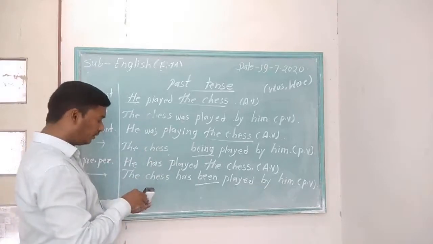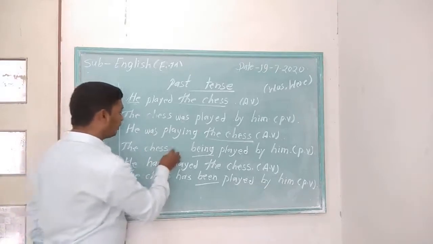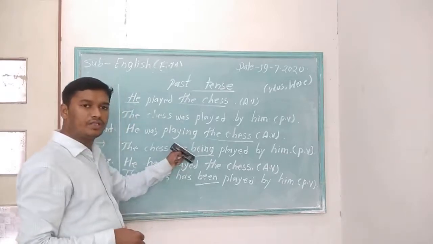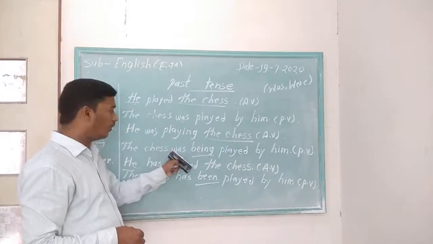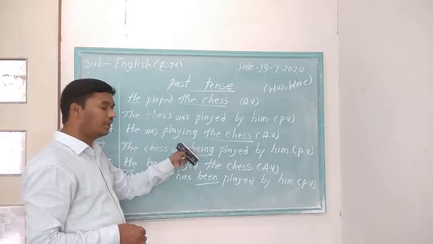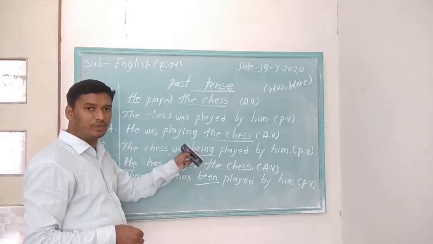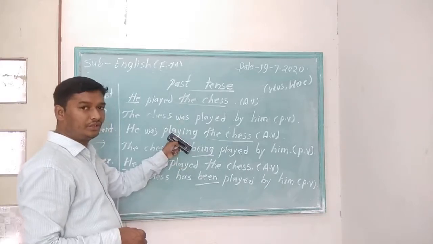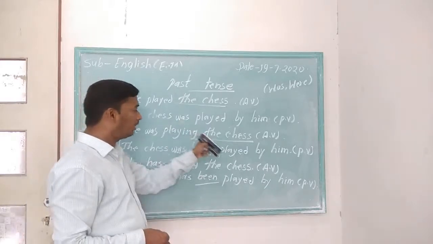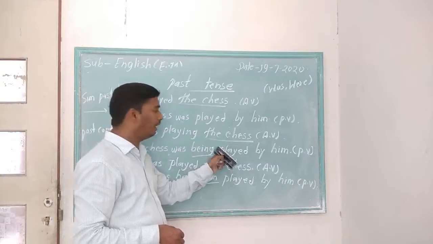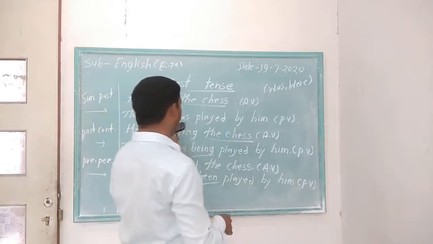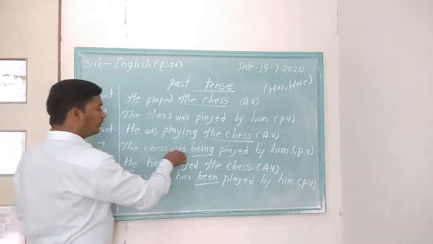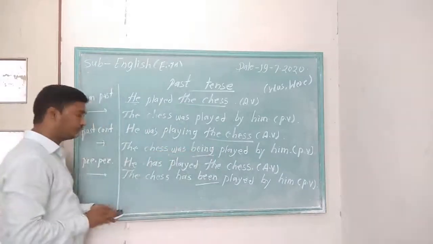First take the object, then the proper auxiliary verb was according to the tense. It is singular, so take was. Then it is continuous, so take "being", as our rule says. Then the past participle of the verb play, played, then put by, then he into him. The chess was being played by him.